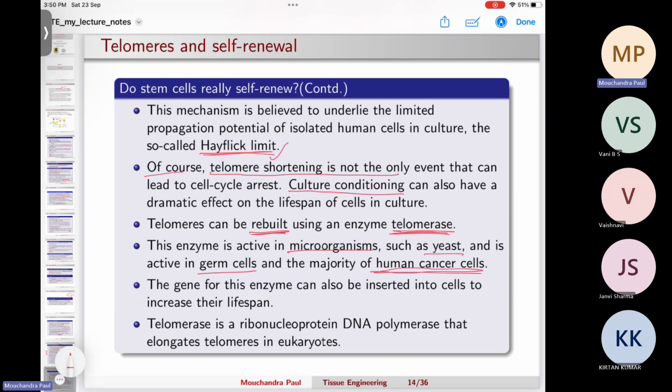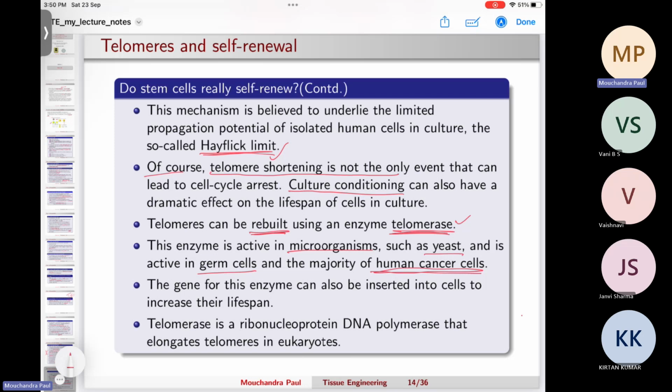So now you can understand why these types of cells are able to maintain their population for years, because this telomerase enzyme is constantly replenishing the lost telomere length.